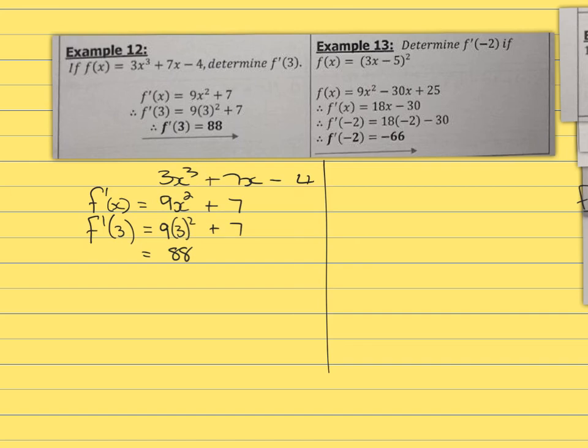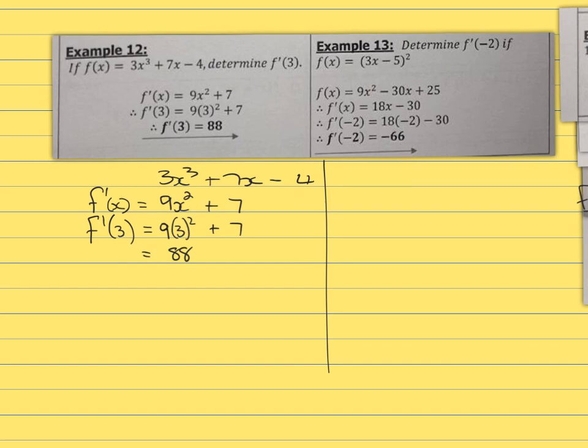We said 3 times 3 gives me 9. 3 minus 1 gives me 2. 7 times 1 is 7. 1 minus 1 is 0, so that falls away. Minus the 4, which falls away because there's no x there. So now we say, okay, 3x squared plus 7 is my derivative of x. To get the derivative of 3, I replace the x with a 3, and that will give me 88.